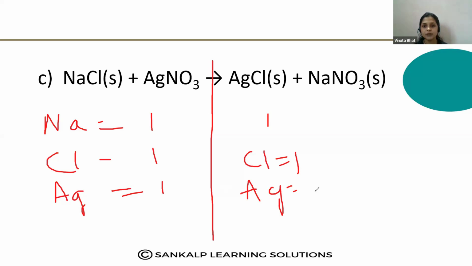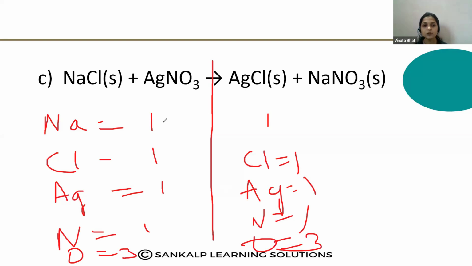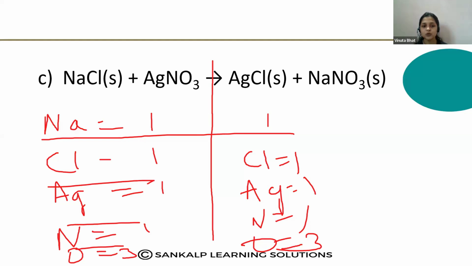Then NO3: N is 1, here also nitrogen is 1, O3, here also O is 3. So what can we say here? Sodium, chlorine, silver, nitrogen, oxygen: everything is the same in the reactant and the product. So we can say that this is a balanced chemical equation.